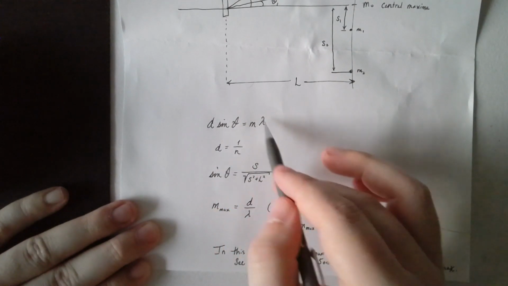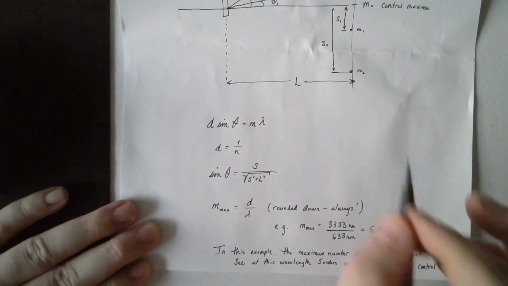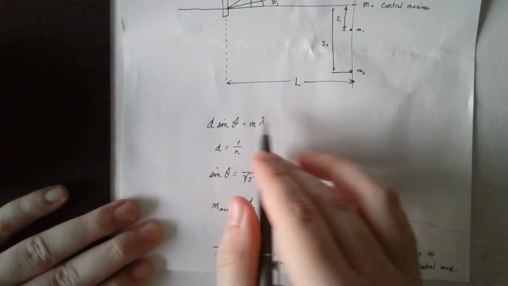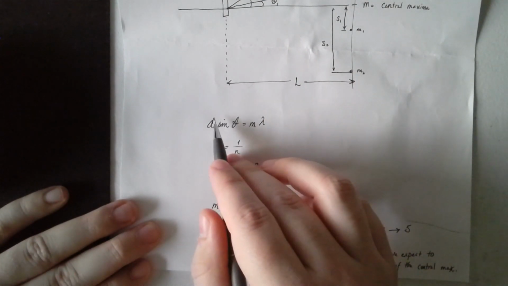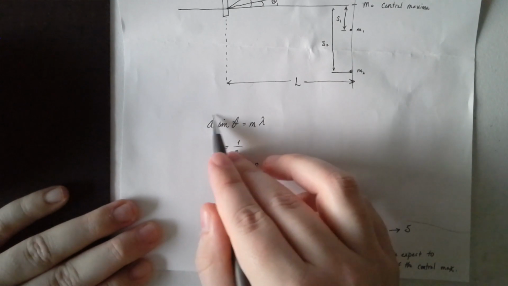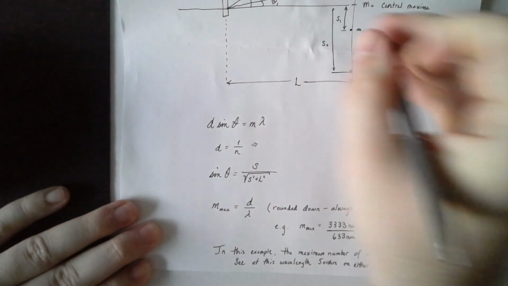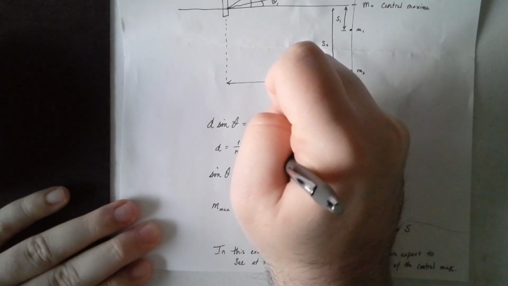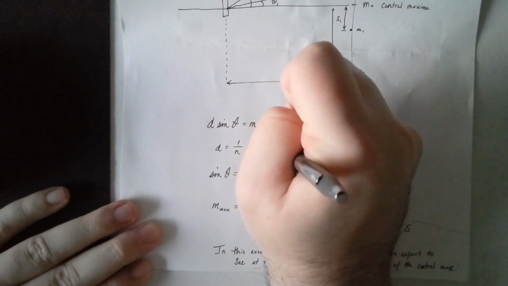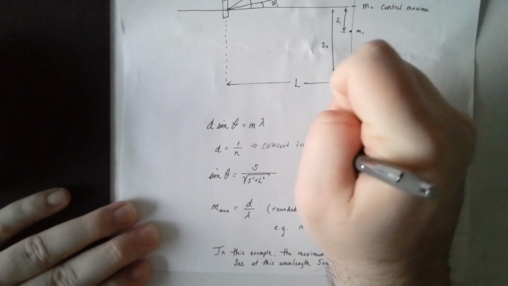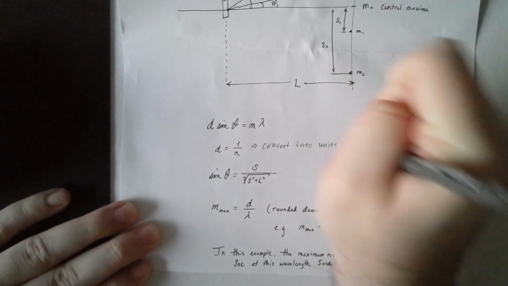by m. Now, one thing to note, when doing these problems, it's usually most helpful when you go and find what d is to make sure that you convert these numbers into the units of lambda.